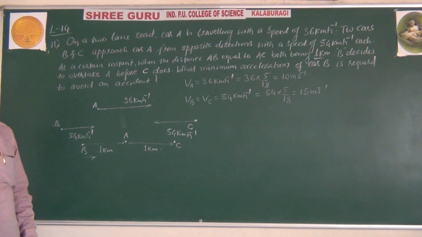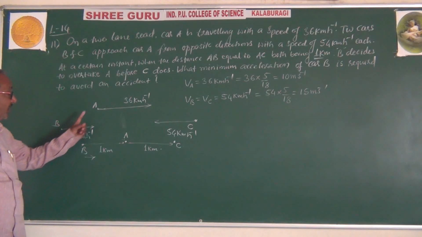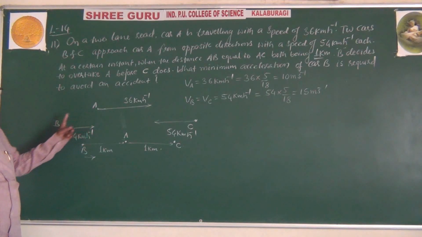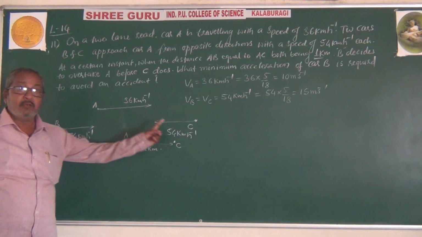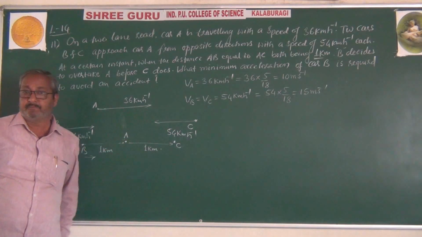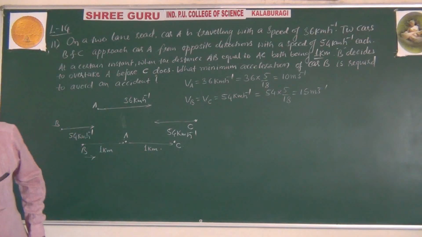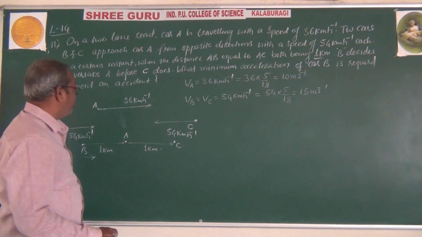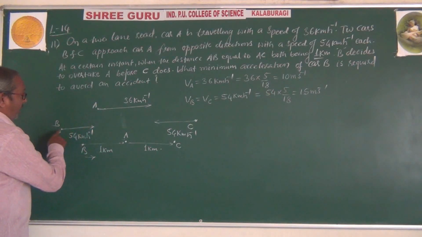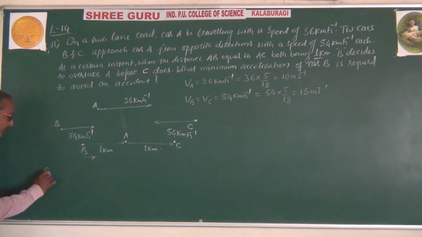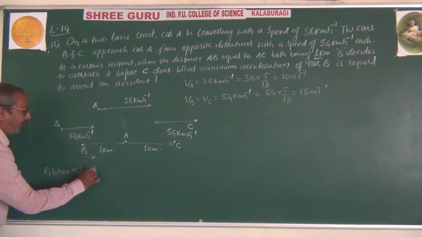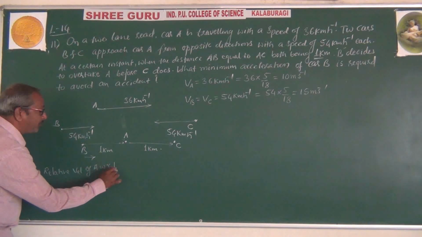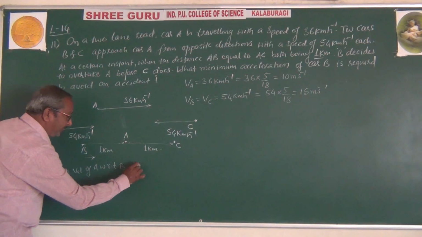So for that purpose, we have to find out the relative velocity of A with respect to B and A with respect to C. That first we have to find out. Now look here. A and B both are in the same direction. So here the relative velocity of A with respect to B, that we will take as V1.